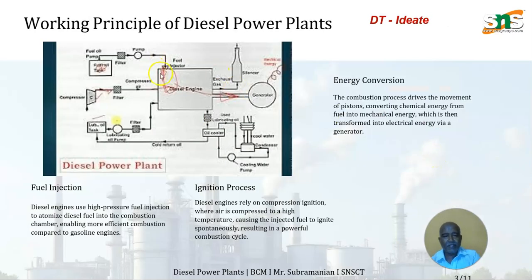So in this working process, you can see the diesel engine works in such a manner that it acts as a turbine itself. It rotates and generates the power. So a turbine is not needed here; the diesel engine power itself is used for generating electricity.